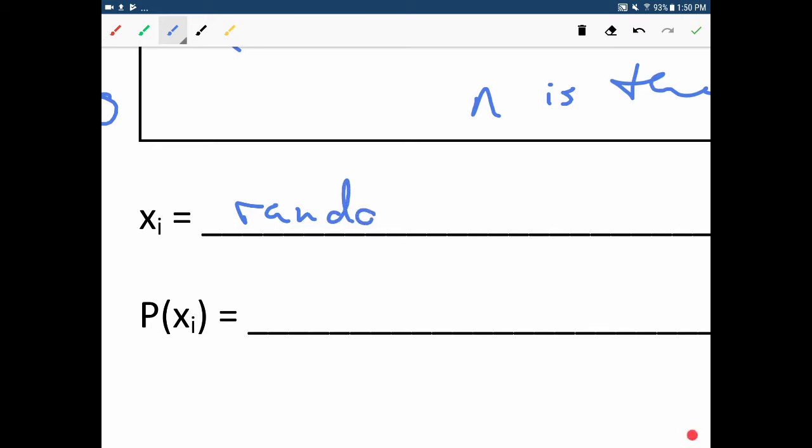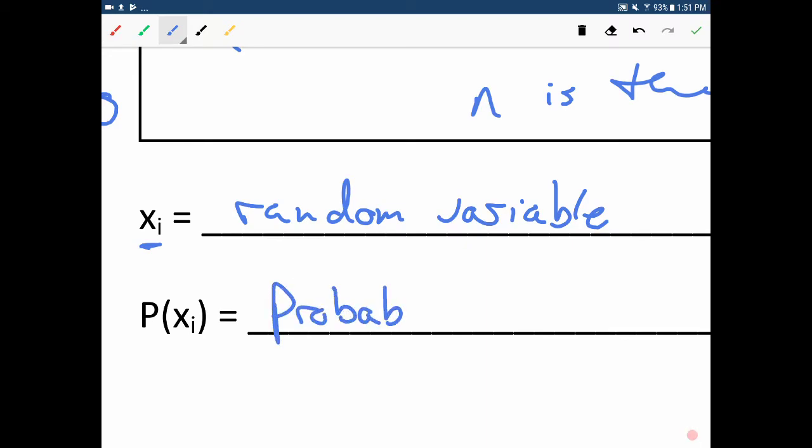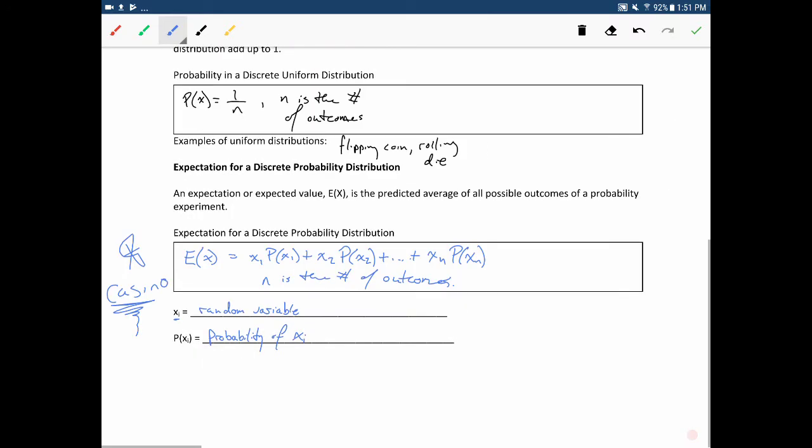For instance, if I was talking about rolling a die, this would be the 1, the 2, the 3, the 4, the 5, and the 6. Those would be your 6 possible outcomes, and you multiply by the likelihood of each of those. P of xi is the probability of xi.